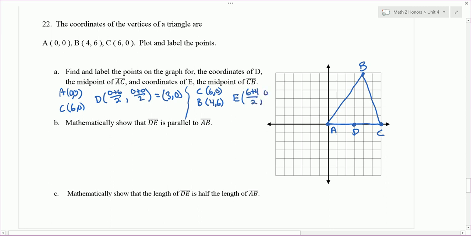Add the y values and divide by 2 to get your midpoint. And so we get 10 over 2, which is 5, 6 over 2, which is 3. So the halfway point between C and B is at (5, 3). Right there. And label that E.